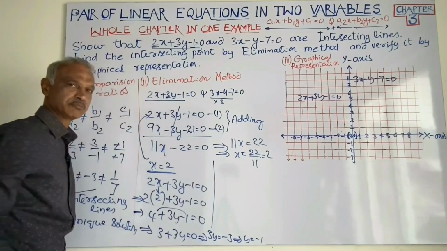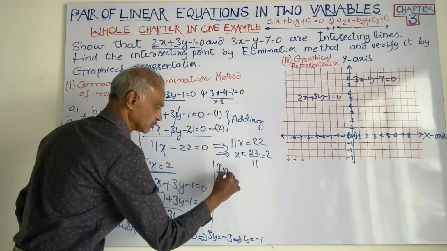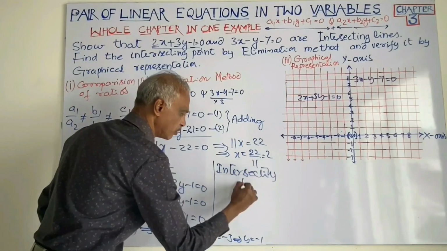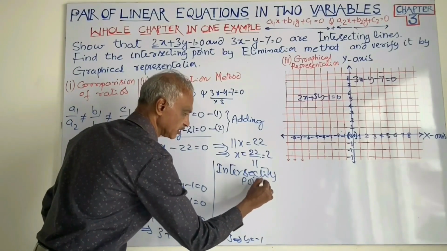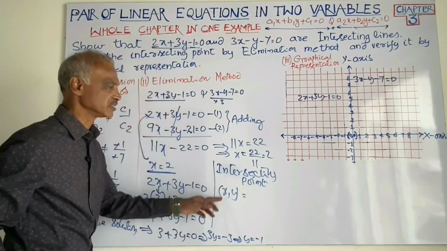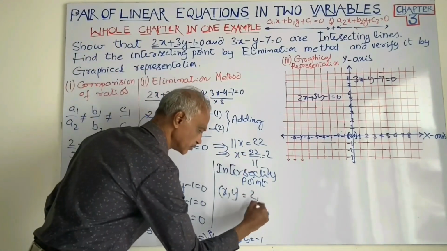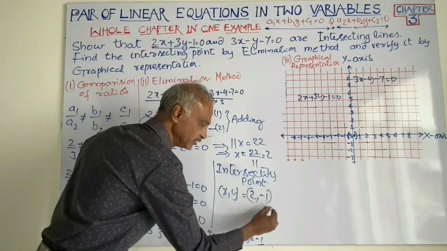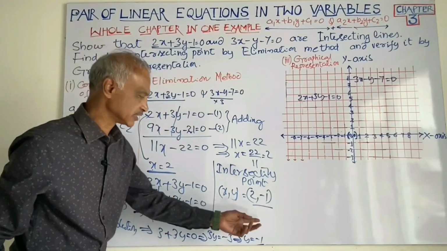What is the intersecting point? Intersecting point is in the form of (x, y). What is the value of x here? x is equal to 2. And what is the value of y? y is equal to minus 1. This is the intersecting point.